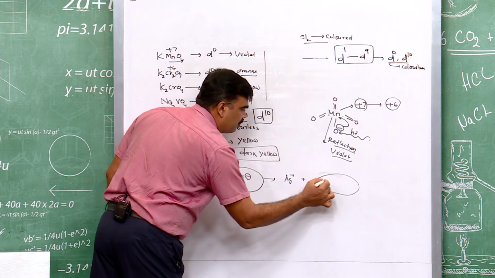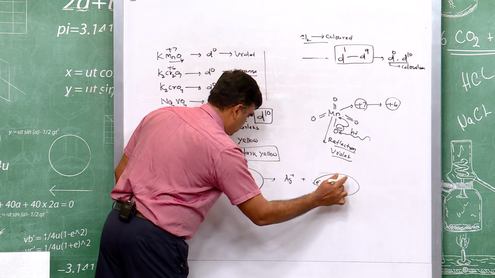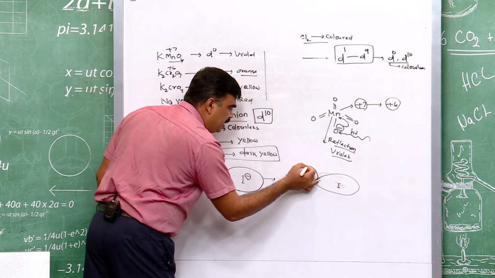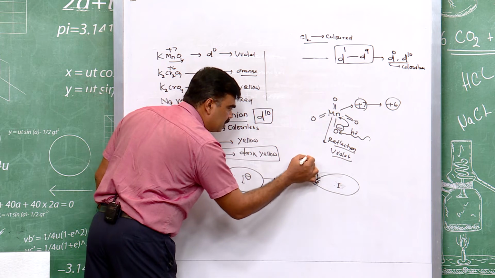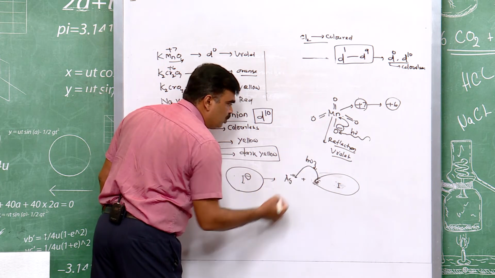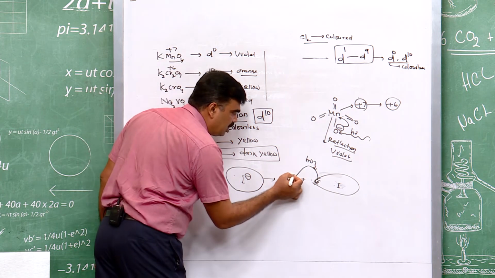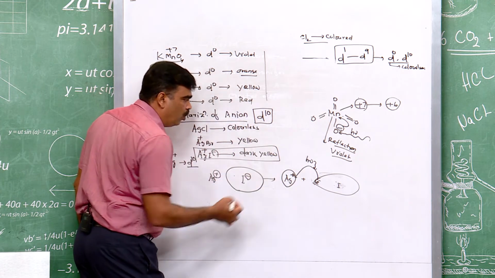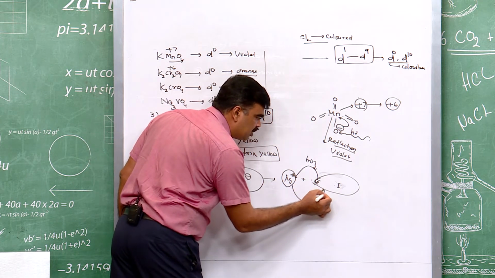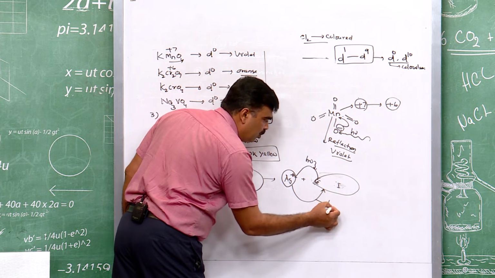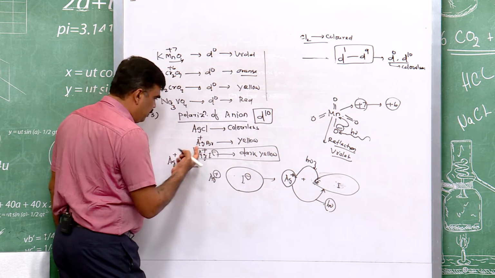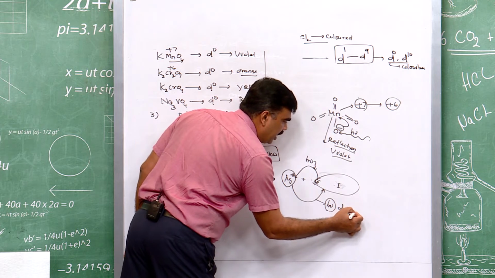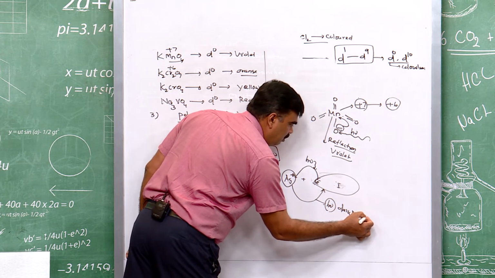So this is Ag, this is I. Its electron is polarized, and on absorbing radiation, h nu from sunlight, it enters the vacant d orbital of the silver cation. When it returns back, it emits energy which looks dark yellow. This is called polarization of anion.